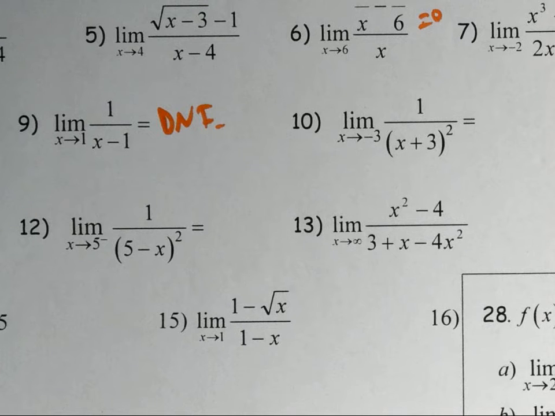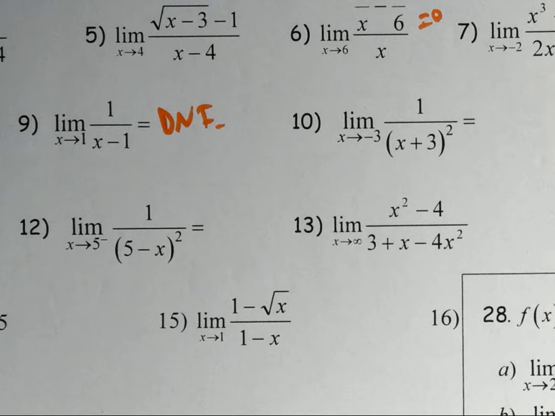Negative 3, I plug negative 3 in, and I get 0. Can I do any of my toolkit strategies on this one? No. So is this one-sided or two-sided? So that means I got to plug a value in from the left and from the what? Okay, what's left of negative 3?